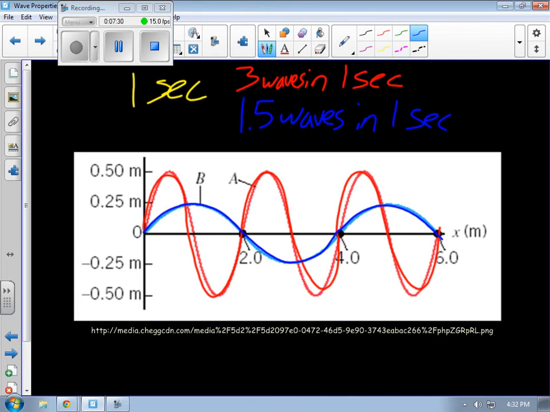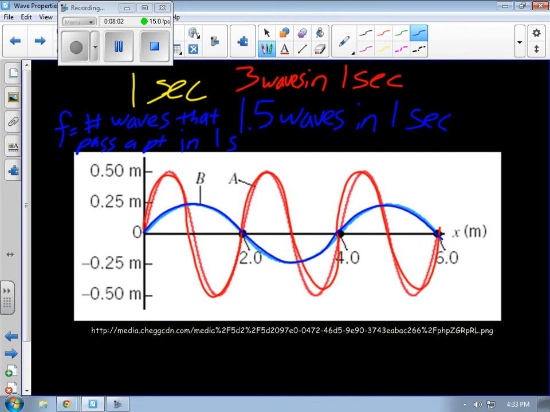So frequency, which is given by a symbol F, is the number of waves that pass a point in a given amount of time, or typically 1 second. So the number of waves that pass a point in 1 second.